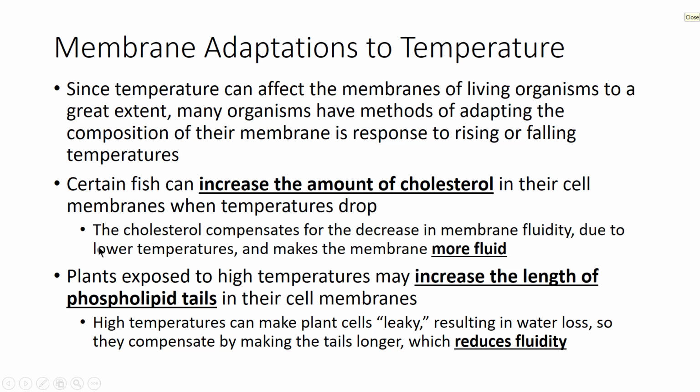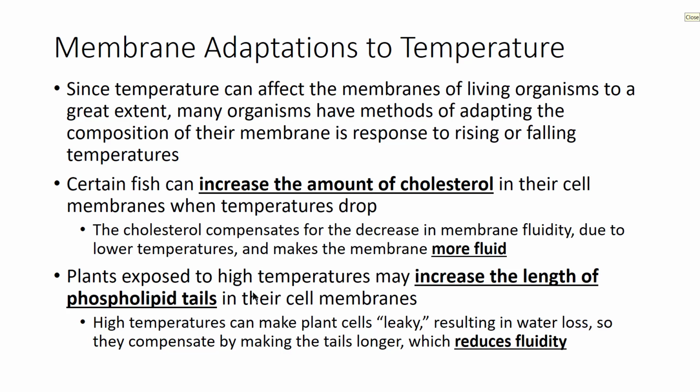Another adaptation is seen in plants. Plants can change the length of their tails to do the same thing. So they can actually make it more suitable for a hot climate as opposed to a cold climate, where changing the length of the tail will actually give them a slight advantage if they're found in too hot of an environment. And this is one of the many things that accounts for why certain organisms can live at a higher temperature where others can't.